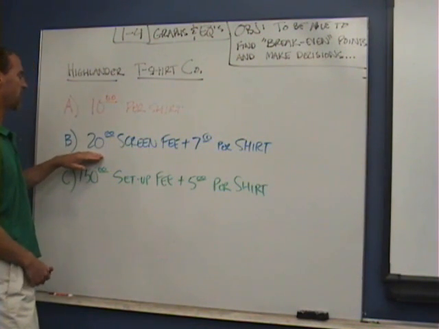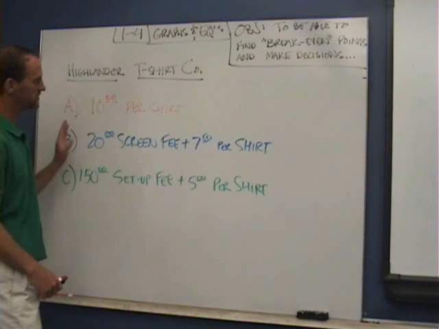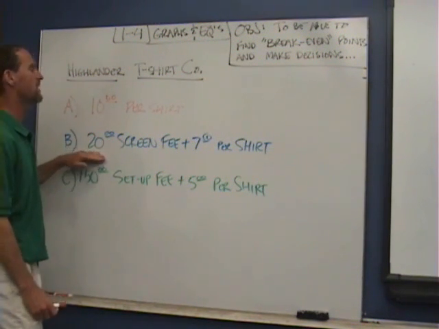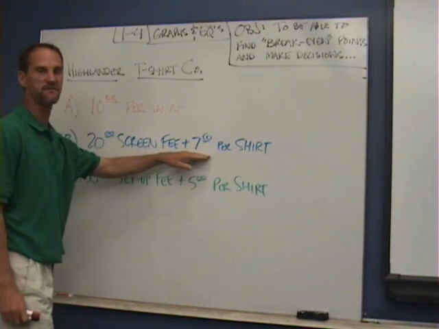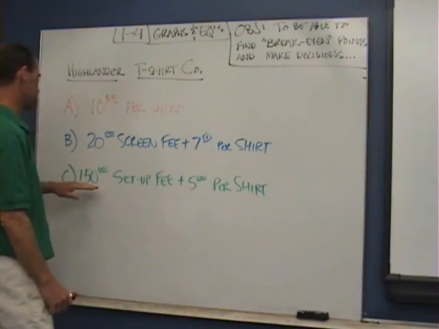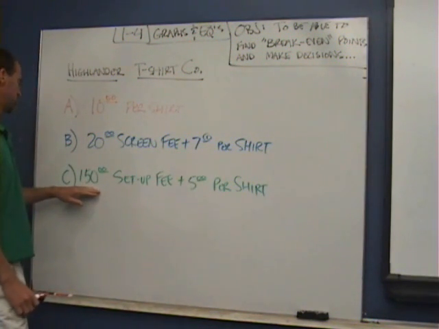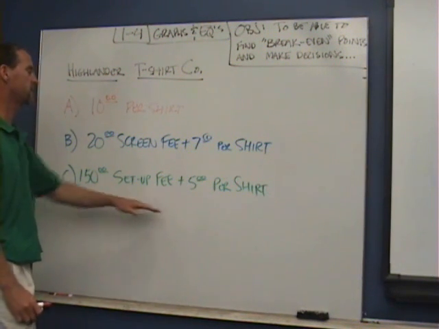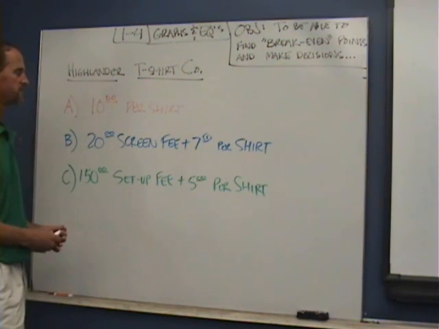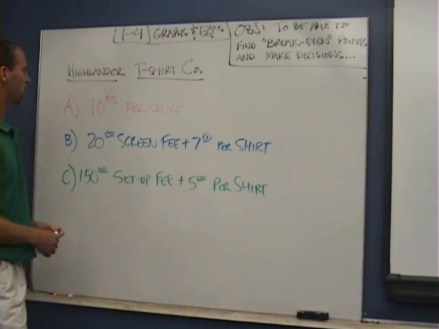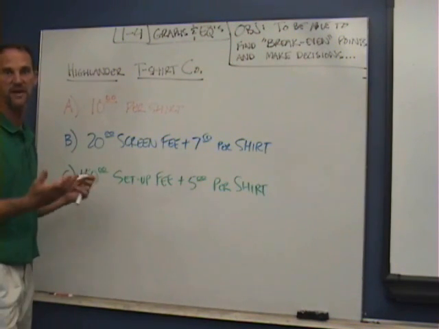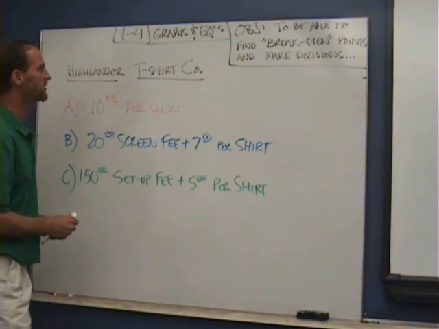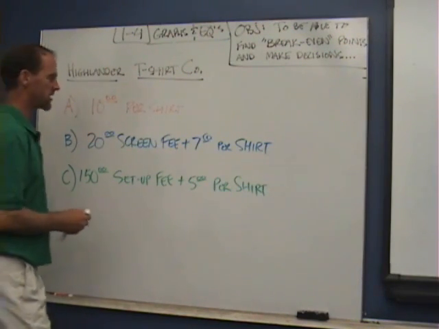There's another plan that screens them with a screen that takes $20 to set up, but it's then only $7.50 a shirt. And then there's another automated machine that costs $150 to set up, but it's a high volume thing, and that brings the price down to only $5 per shirt. So which one of these plans is the best based on the number of shirts that we might be selling or ordering from this company?